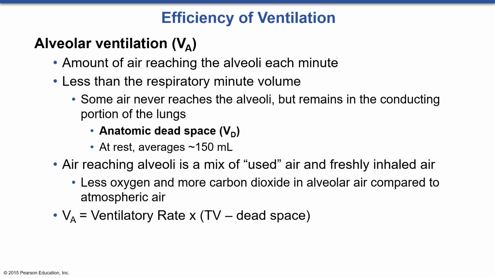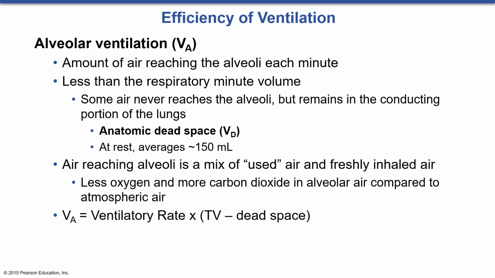Now, it's going to be similar to the respiratory minute volume, but it will always be less than the respiratory minute volume. And this is because some air never reaches the alveoli, but remains in the conducting portion of the lungs. We know this as the anatomical dead space. At rest, this averages about 150 milliliters in an adult male, 155 pounds.